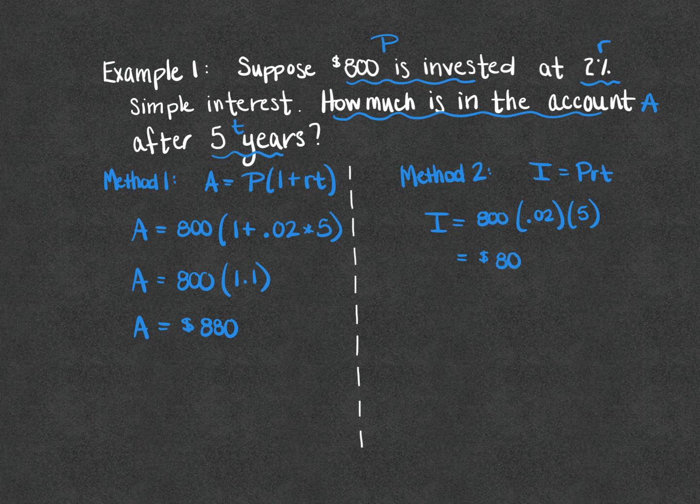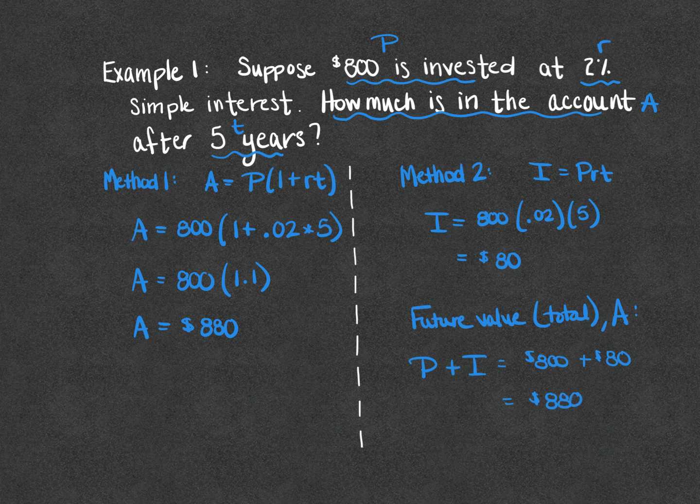You would find out that the total amount of interest earned is $80. Then to get the future value, which is the total in the account, denoted A, we would take the principal plus the interest, which is our $800 that we started with, plus the $80 we earned in interest, for a total of $880.